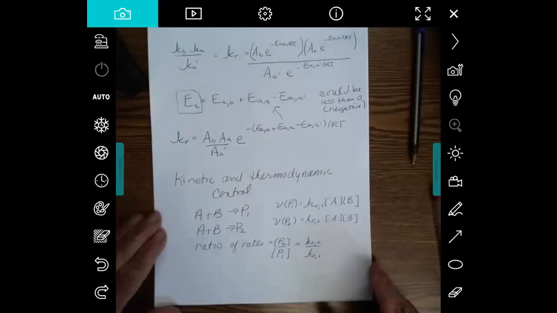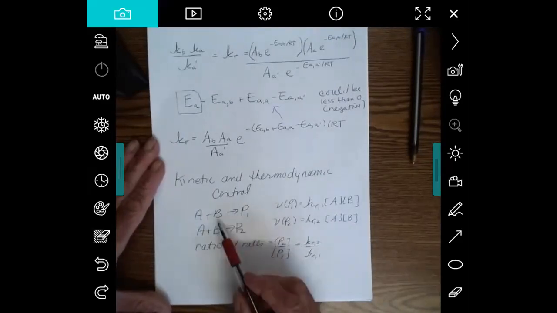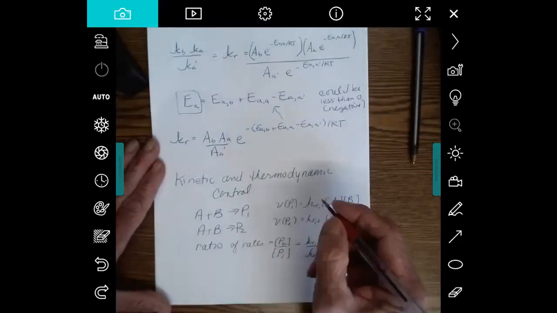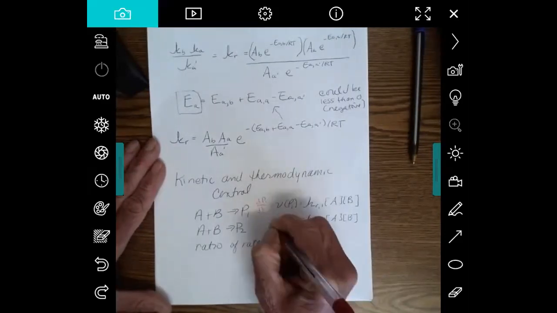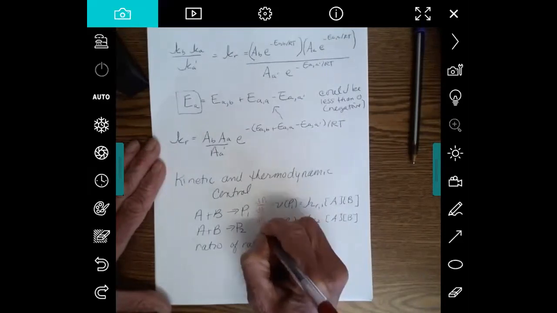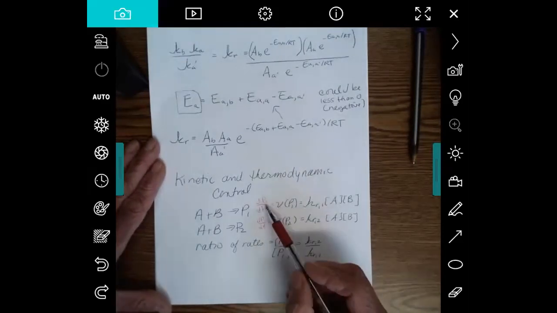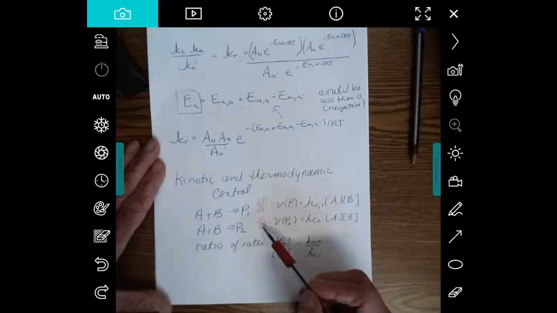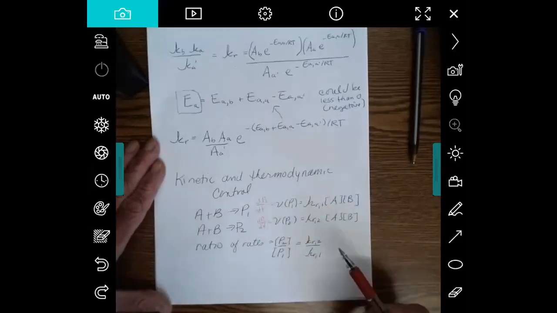The last thing mentioned in this is this idea: if you have two possible products from a reaction, then you can write the rate of each of those. So rate of P1 over dt and the rate of P2 over dt. If you take a ratio of those rates, then if you're looking at the same time period, the dt goes away, and the ratio of the rates is really equal to the concentration of P in the two different reactions at any one time.